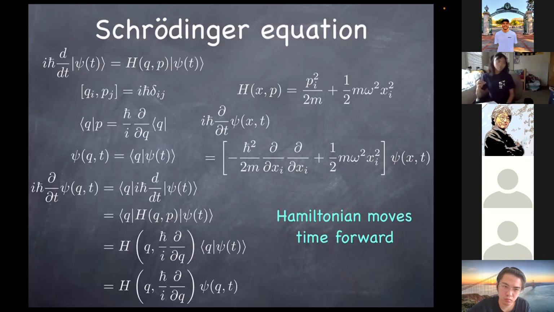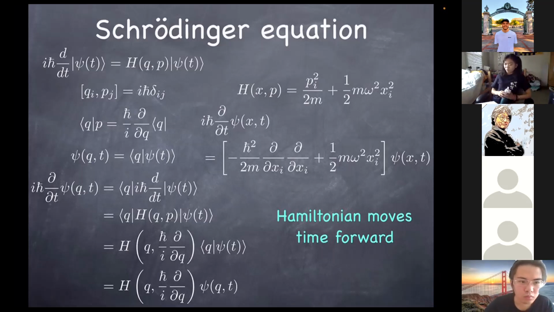Because it's a unitary transformation, when you change Q to U Q U inverse, and P to U P U inverse, you can factorize U out of this canonical commutation relation, and then the right-hand side becomes U i h bar delta ij U inverse.